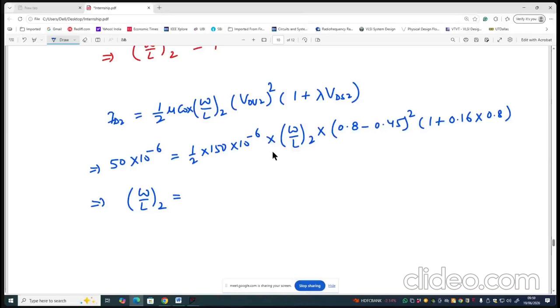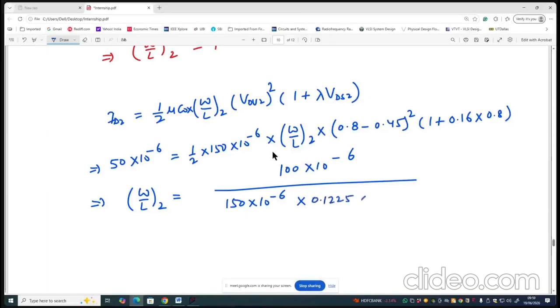So it shall be 100 into 10 to the power minus 6 upon 150 into 10 to the minus 6 into 0.35 squared, which is 0.1225, and 1 plus 0.16 into 0.8, which is 1.128.